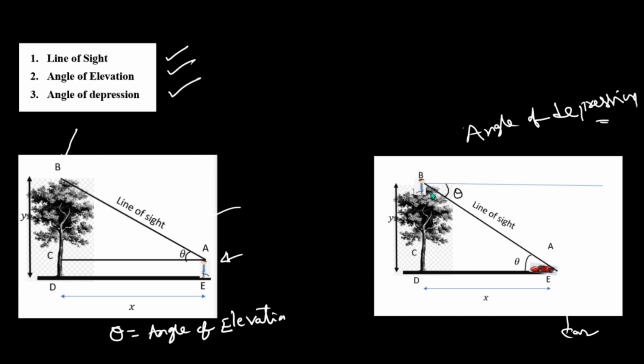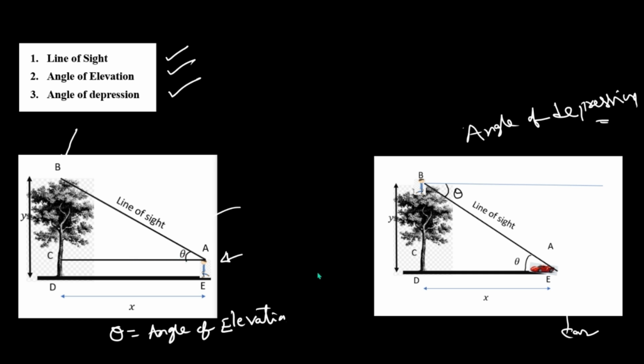Right now this is the angle. When it moves closer to the tree, this angle keeps increasing. When it reaches the bottom of the tree, this angle becomes 90 degrees. Similarly, when the boy approaches the tree, this angle keeps increasing.